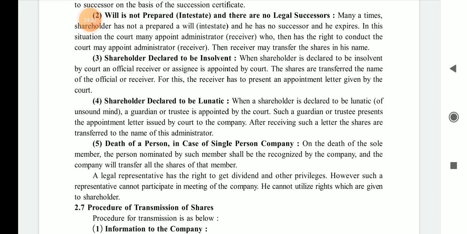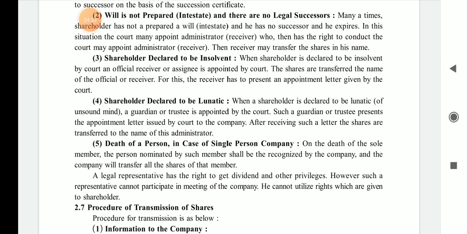A legal representative has the right to get a dividend and other privileges. See, all legal successors have a right to present this type of information or the shares. However, a representative cannot participate in the meeting of the company. He cannot utilize the rights which are given to the shareholder.